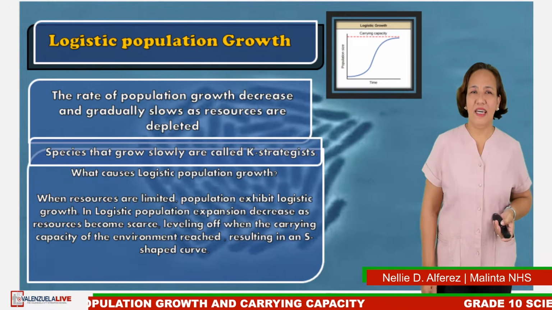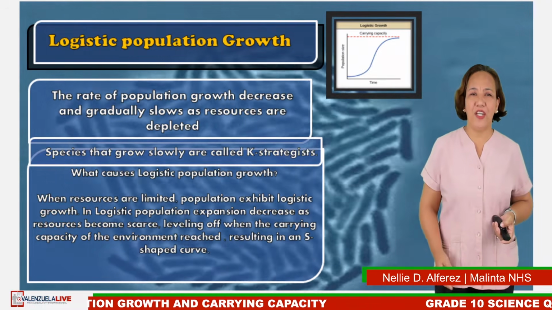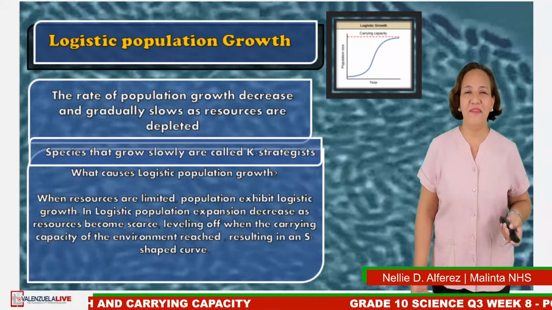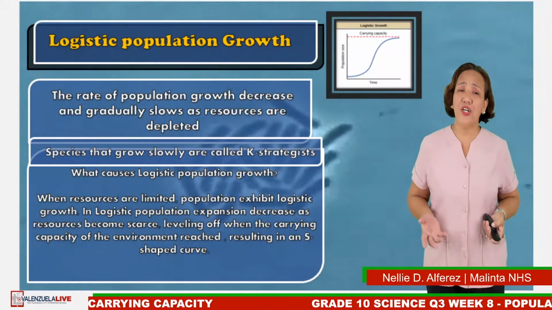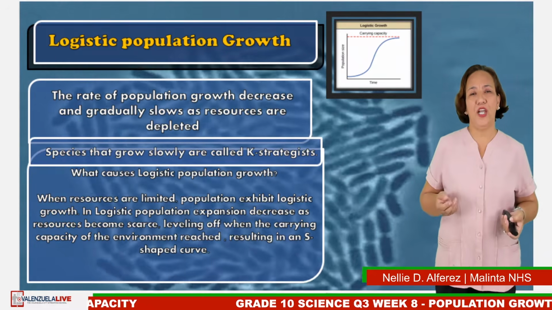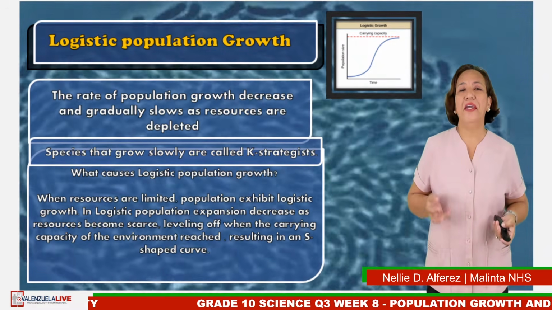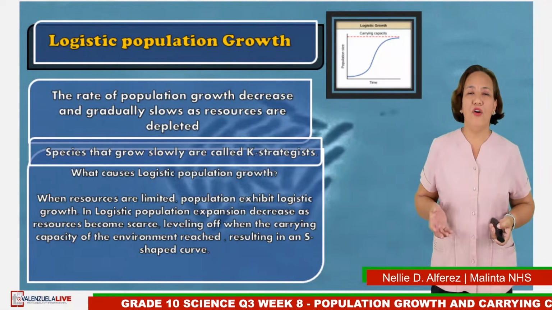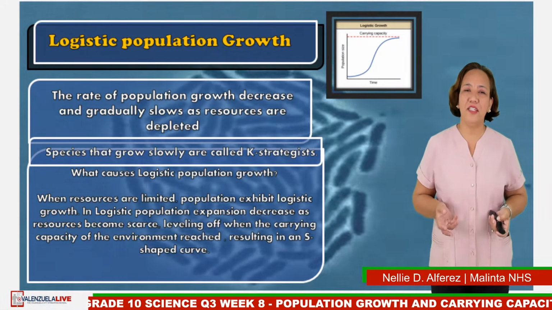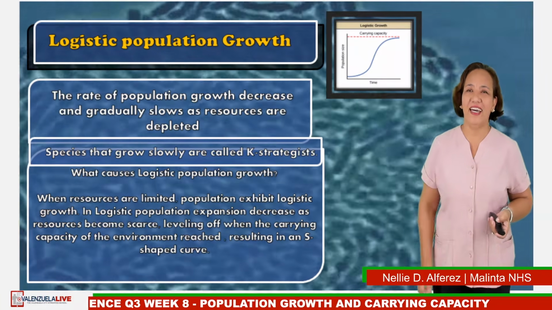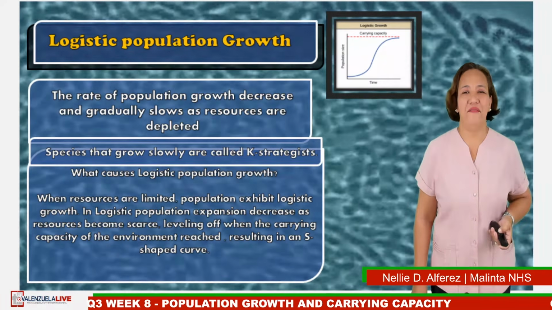What causes logistic population growth? When resources are limited, the population exhibits logistic growth. In logistic growth, population expansion decreases as resources become scarce, leveling off when the carrying capacity of the environment is reached, resulting in the S-shaped curve.